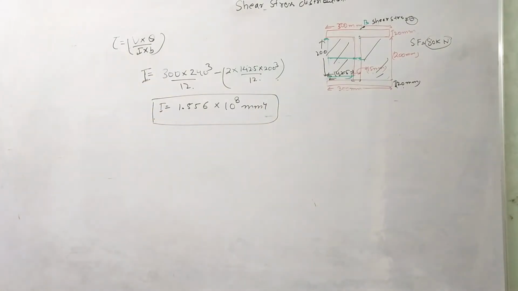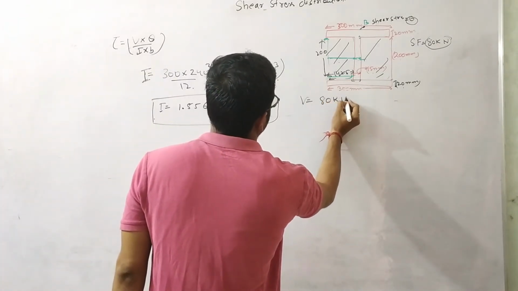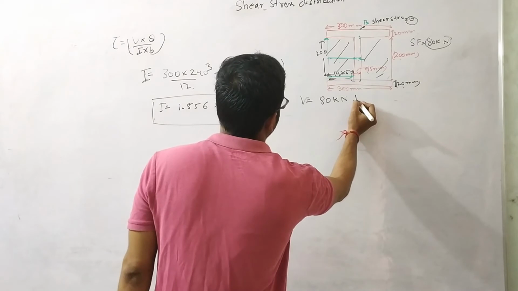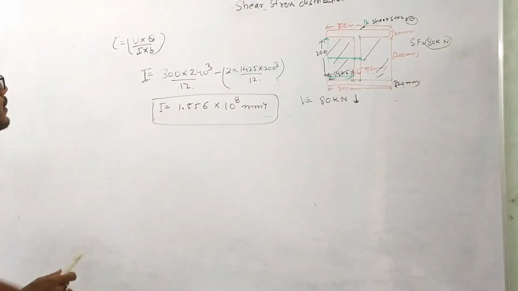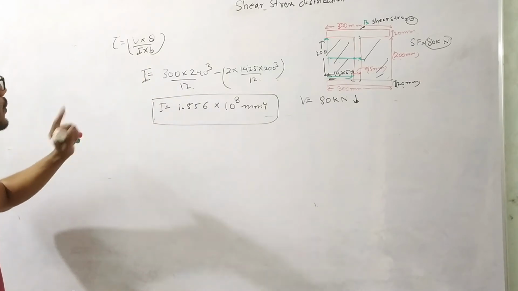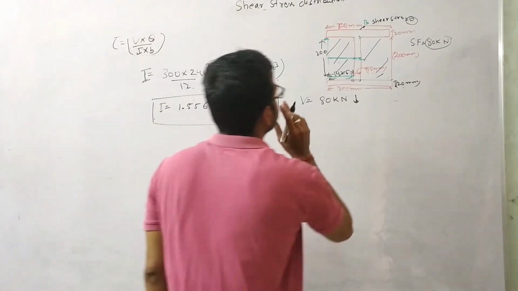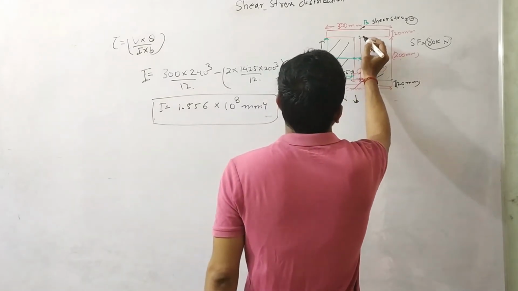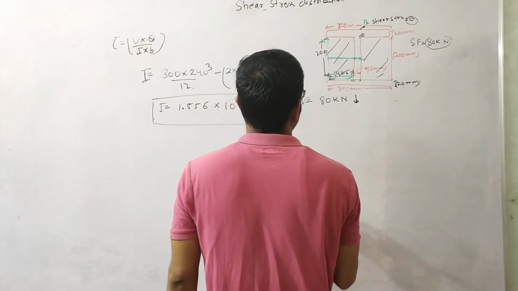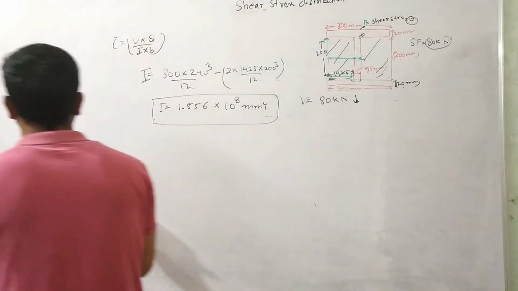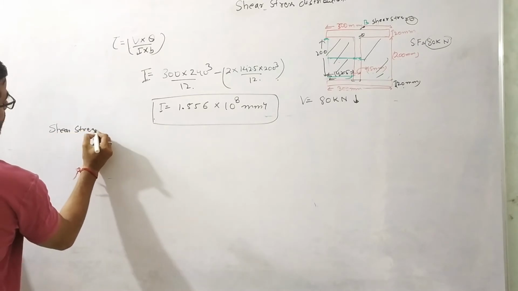The shear force V is 80 kilonewton. I'm assuming it is in the downward direction for this cross section. Now B I know, and Q I need to calculate. First I'm calculating the shear stress for point number 1, which is just above the junction.